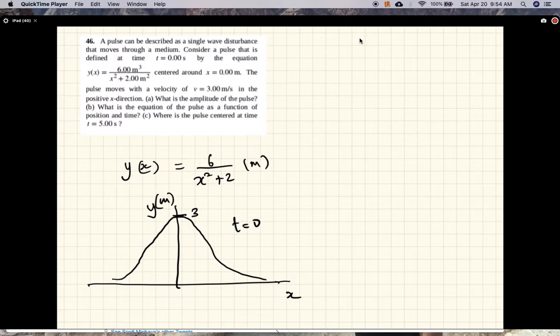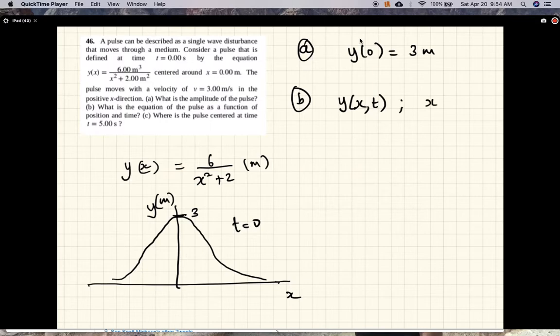Okay, so the amplitude, y at 0, is 3 meters. And now to get the equation as a function of time, what you need to do is replace x by x minus vt in this equation.